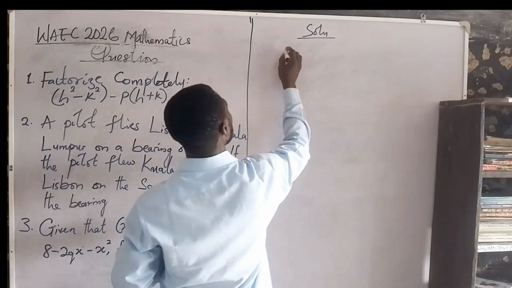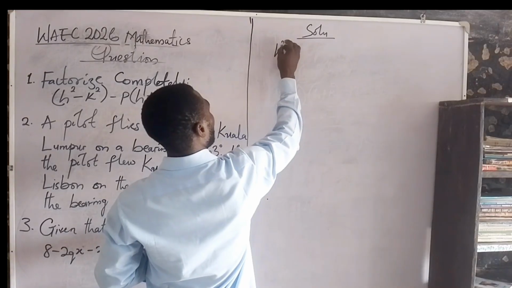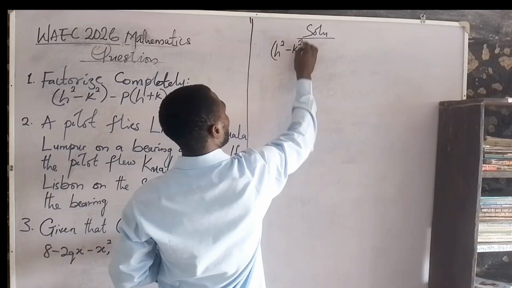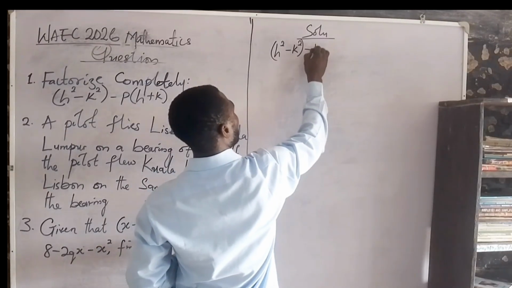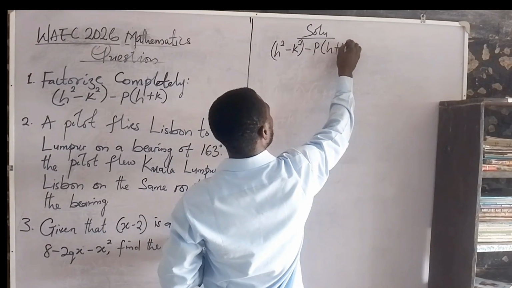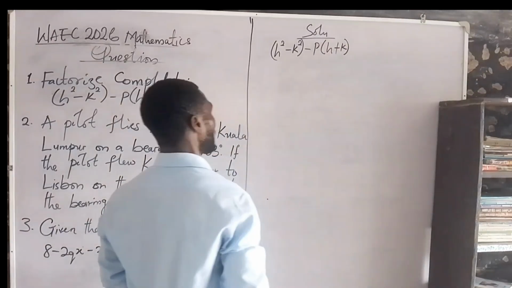So let's take down the question. We have (h squared minus k squared) minus p(h plus k).